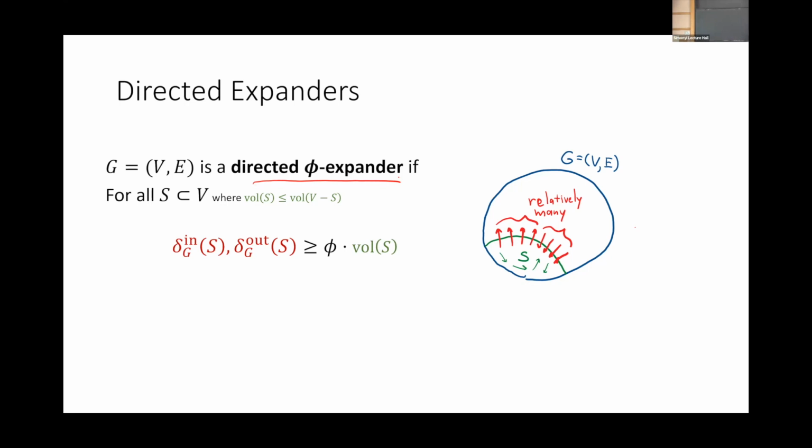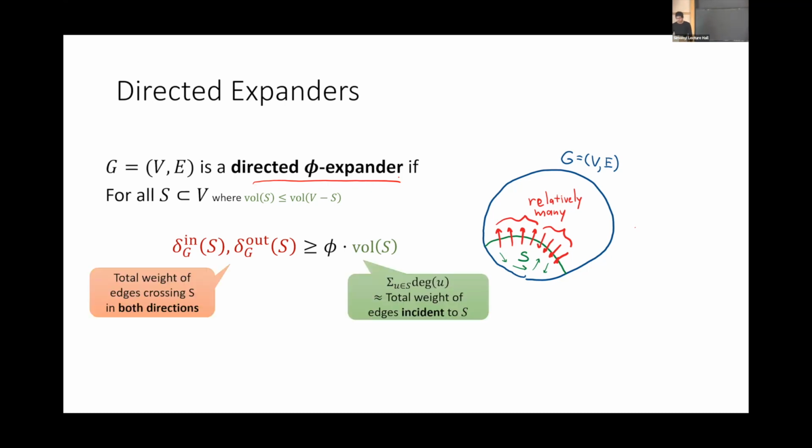Both in-edges and out-edges are big relative to the volume. So that's just one way to define a directed expander. And once you define it like this, now you can ask about directed expander decomposition and so on. The degree is also both ways. Yeah.